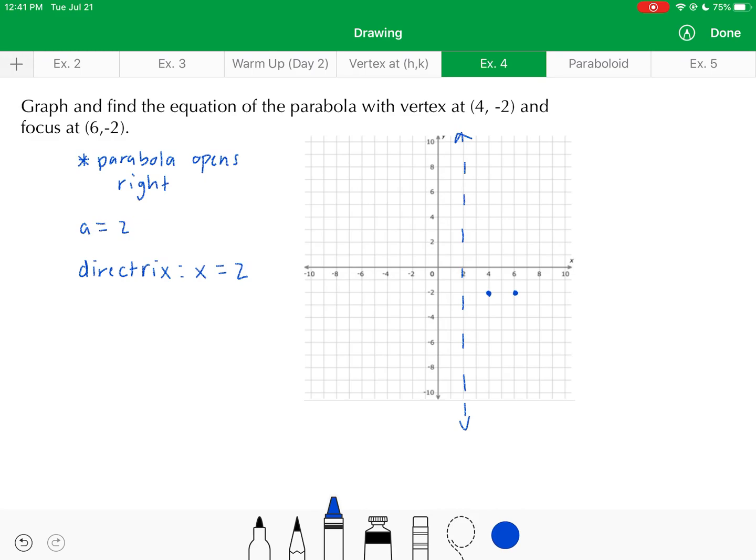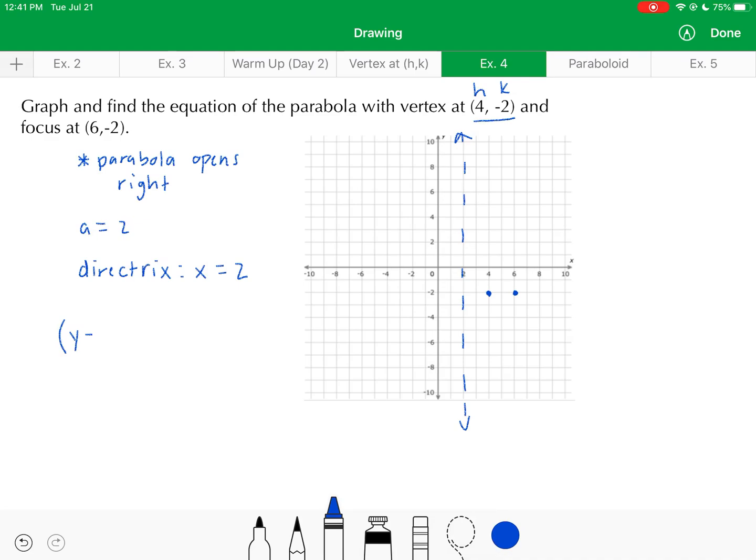All right. So I need to use the coordinates of the vertex when I make it. So think of 4 as an h value, -2 as a k value. So in the case of the parabola opening to the right, it's the y variable that's being squared. So I'm going to begin with y subtracted by the y coordinate from the vertex.